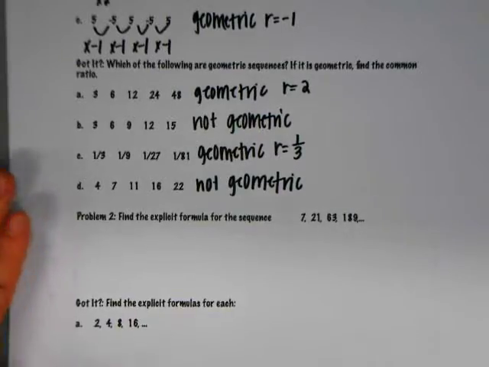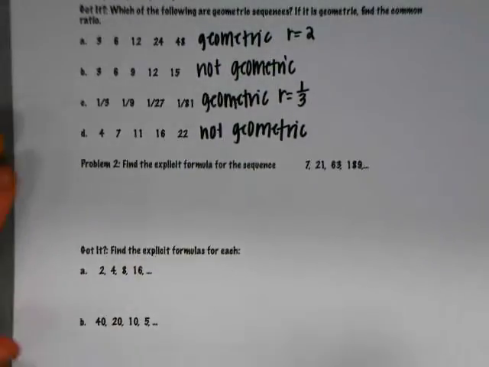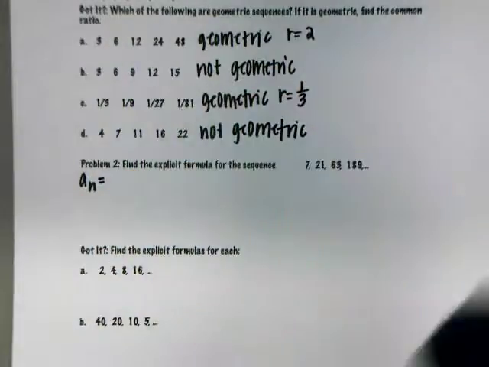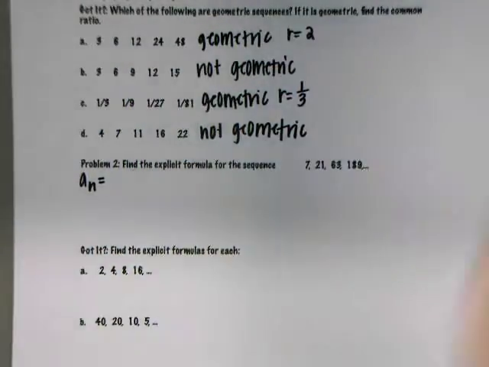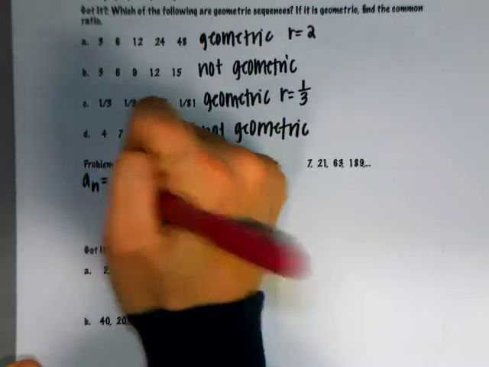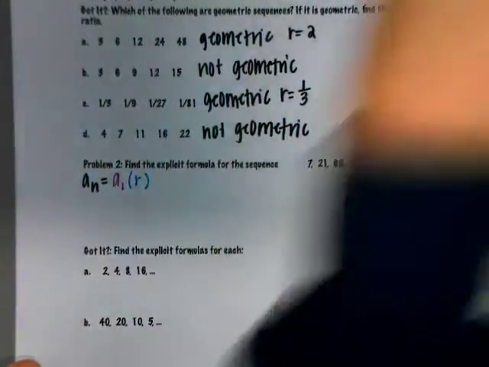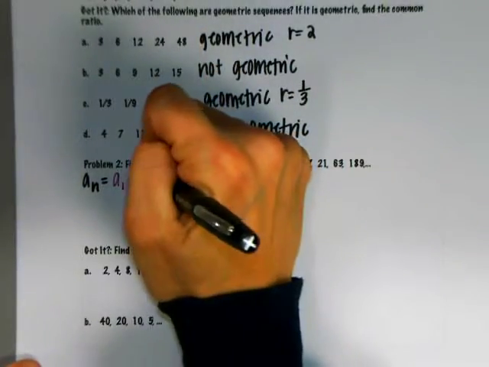So here is what the formula is again. It is A sub n equals A sub 1, which is your first term, times R, which is your common ratio, to the exponent n minus 1.